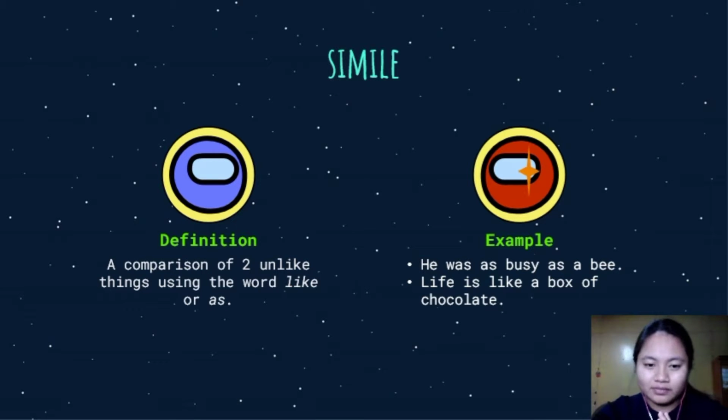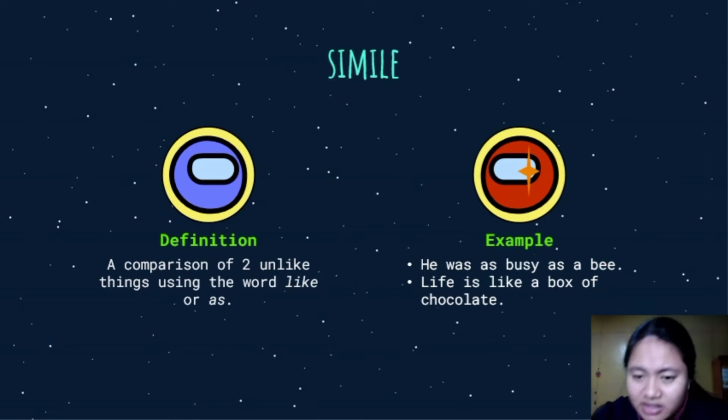Two unlike things: a person, and a bee, a flying bug. They are being compared to show that they share a common trait, which is being busy. That's why this person and this bee are being compared together.